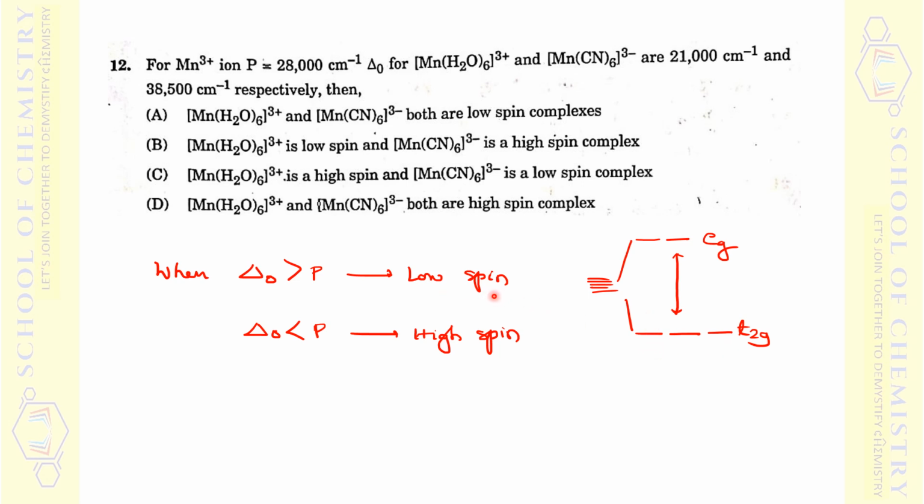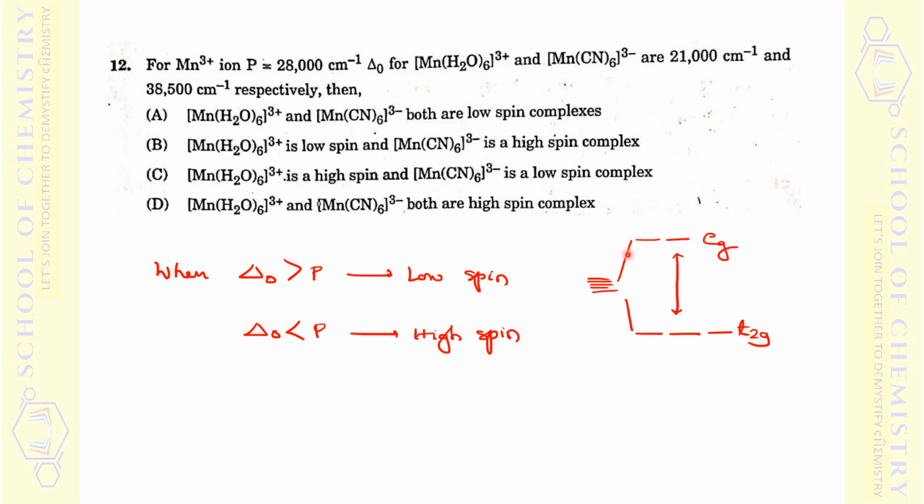This you must have studied, right? Whereas if delta O is less, if the t2g-eg energy gap is less, in comparison with pairing energy, when pairing energy is more and delta O itself is less, it happens that 1, 2, 3. Now pairing energy is more, so pairing will not happen here.